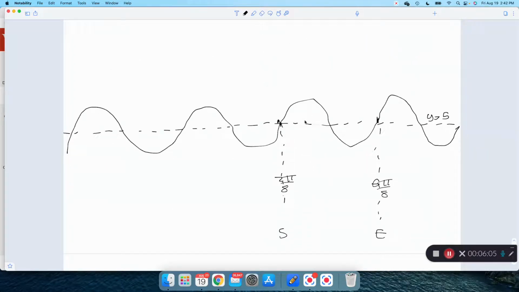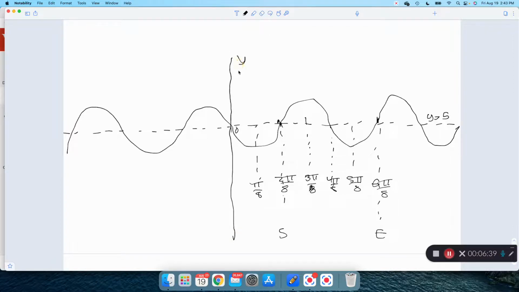So I'm going to hit the crest. 3 pi over 8. 4 pi over 8. 5 pi over 8. And the next would be 6. Going backwards, here's 1 pi over 8. Next would be 0. Oh, 0 is something special. That's the y-axis.